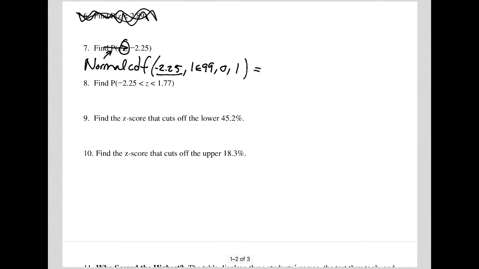So when we figure out what percent of the graph is to the right of the z-score negative 2.25, you should get approximately 0.98777, so we'll just say 0.988.